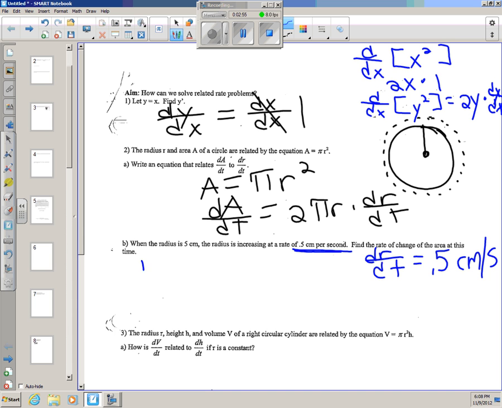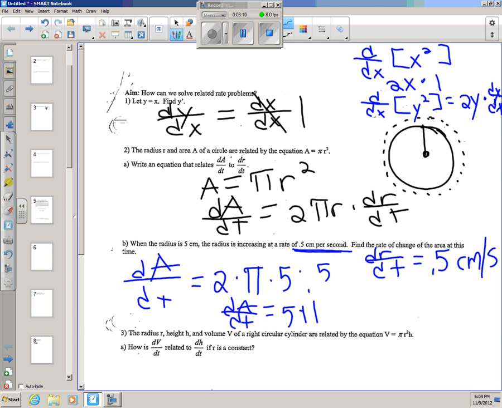So let's plug in the numbers that we know. We have dA/dt equals 2 times pi times 5 times 0.5. So then we get that dA/dt equals 5 pi, and the units for that are square centimeters each second. It's telling us how much the area is changing per second at one instant in time.